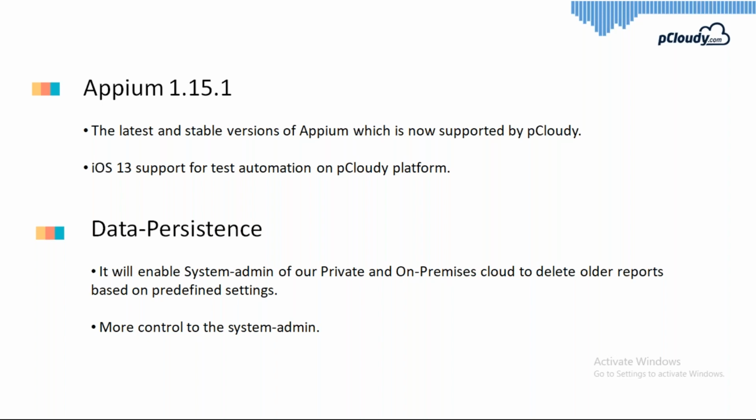When I say data persistence, it's basically more from the management side, right? Now, this feature is for the private or on-premise cloud, not for the public cloud. What it does is enable the system admin.